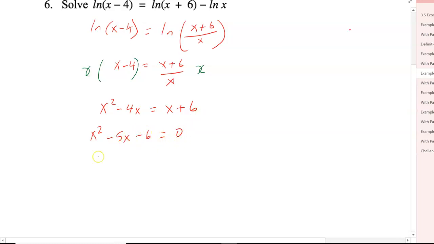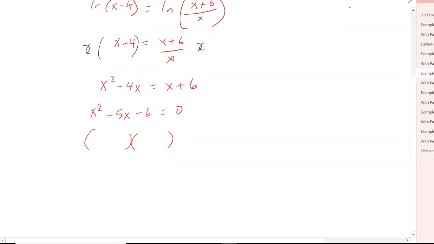Then let's try to factor this to see what we can get.